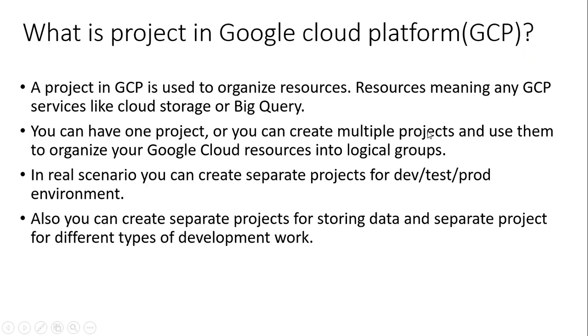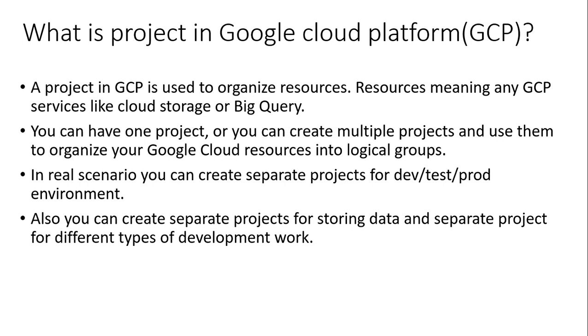So what is a project in Google Cloud Platform? A project in GCP is used to organize resources. Resources mean anything in Google Cloud, for example, BigQuery, cloud storage, PubSub, anything. So these are resources, and a project is used to organize those resources. You can have one project, or you can create multiple projects and use them to organize your Google Cloud resources into logical groups.